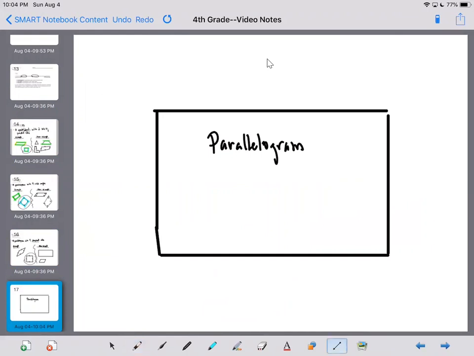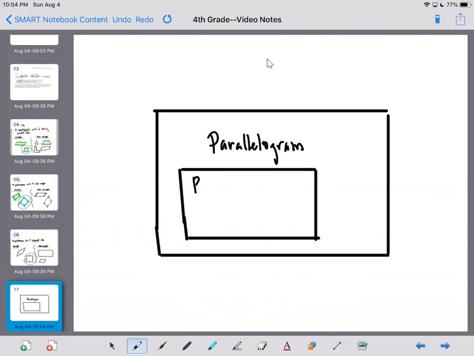But then within the parallelogram, we have a rectangle. But within the rectangle family, we have a rhombus.